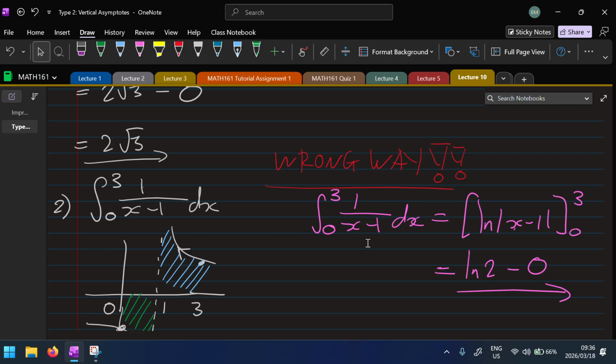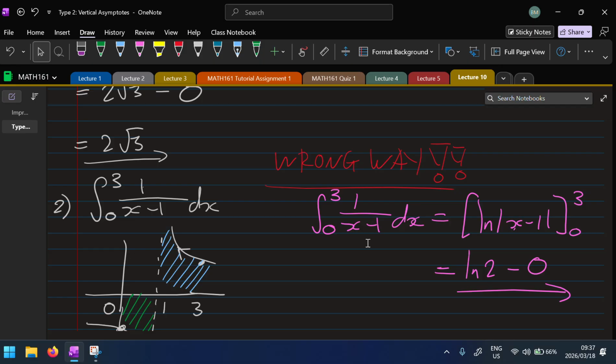Just because it looks all innocent, 1 over x minus 1 looks perfectly fine, you need to be aware of those asymptotes. Either the asymptote is at the beginning or the end, or even more dangerously, somewhere in between. You have to check them. For class test 2, say I'll give you 5 questions. Maybe 1 of them is improper like this, maybe 2, maybe none.